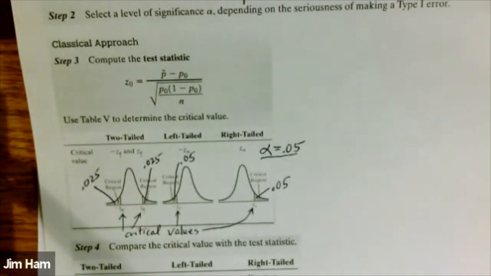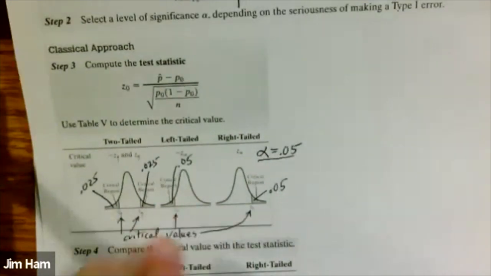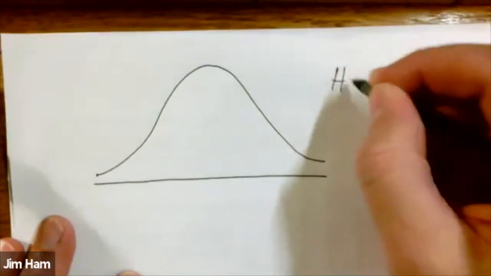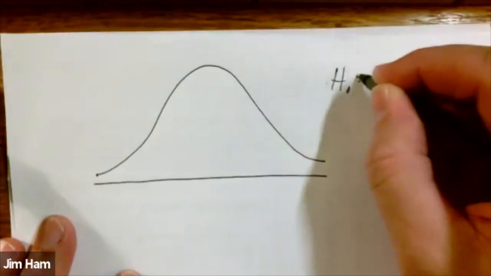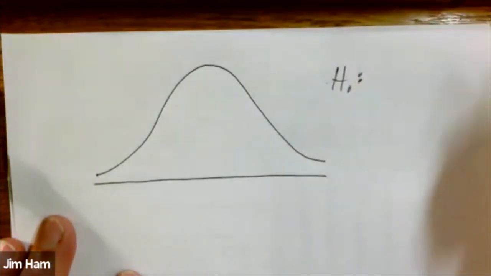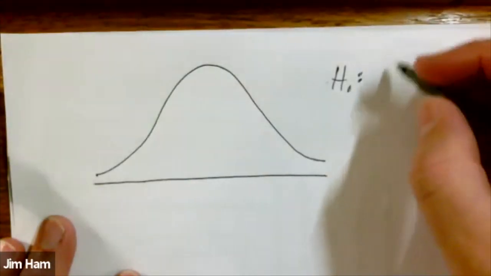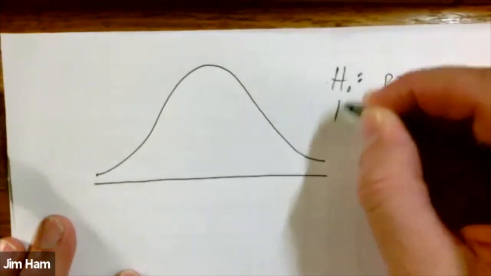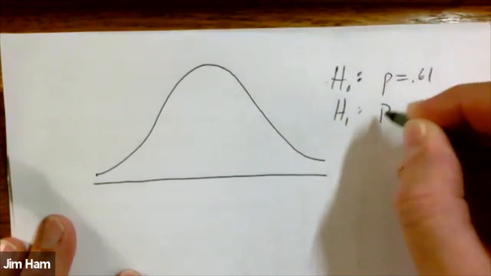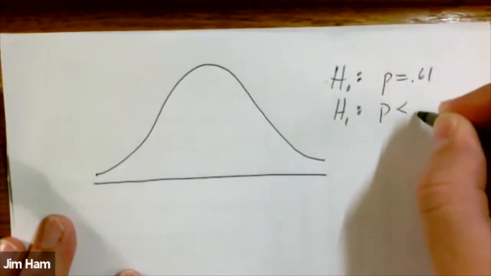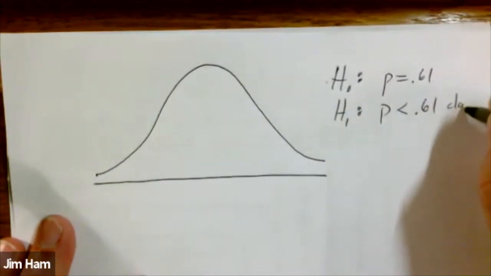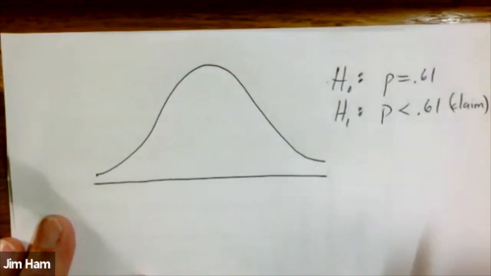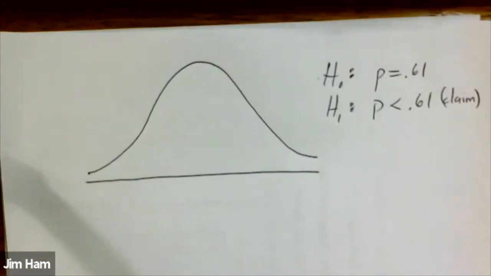So let me just add a little bit more detail to this picture here. Now let me go ahead and do P equals 0.61 and P is less than 0.61. And this was the claim. I think this was the claim in one of our problems that we did.